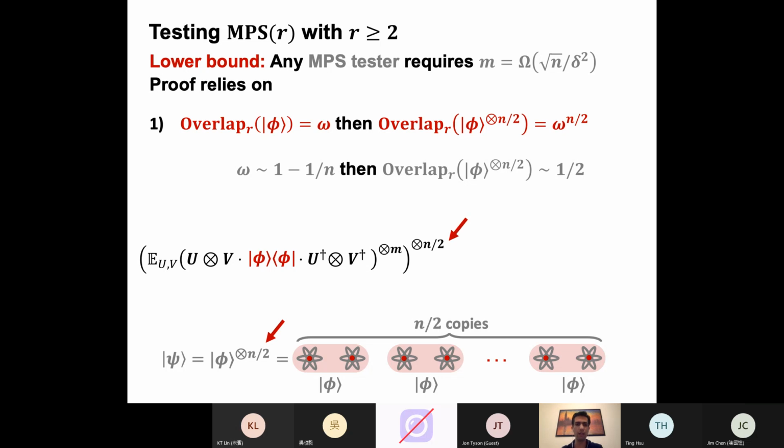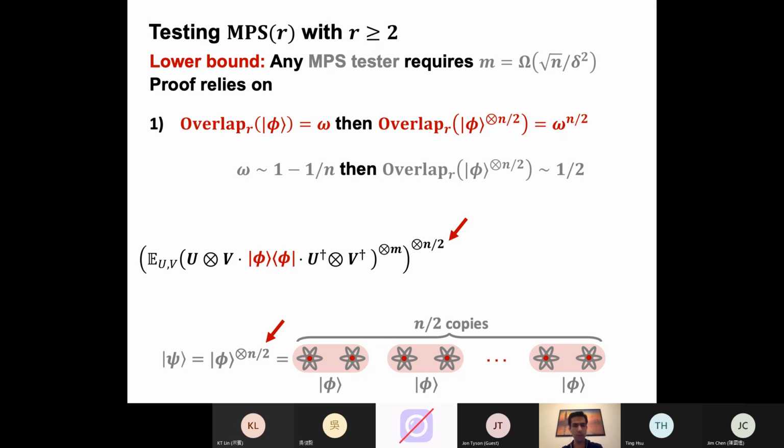And the same argument applies even if instead of phi we consider its tensor products. So this gives us random rotations of the state psi, which is across n qubits now.